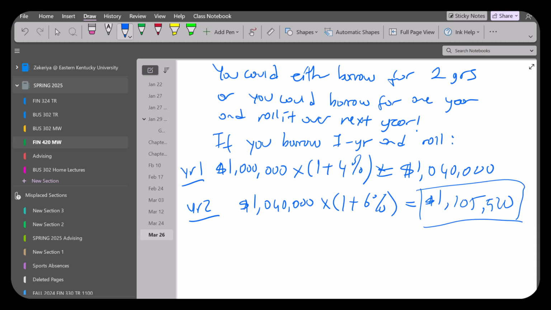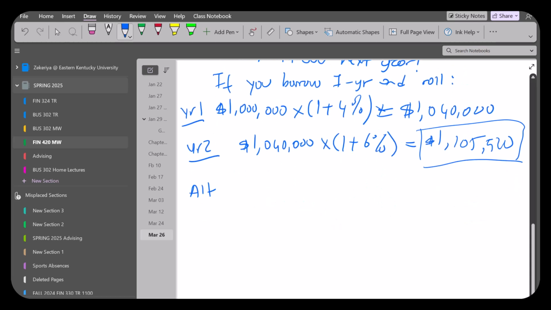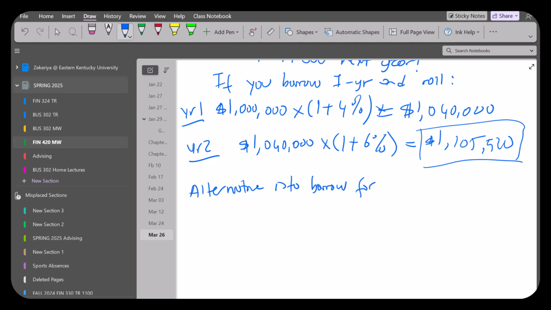The alternative is to borrow at 2 years. Two-year term. Let's say, for the sake of argument, the 2 year rate is 5%.